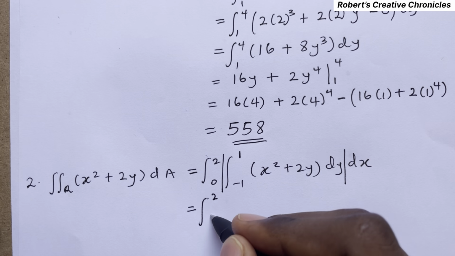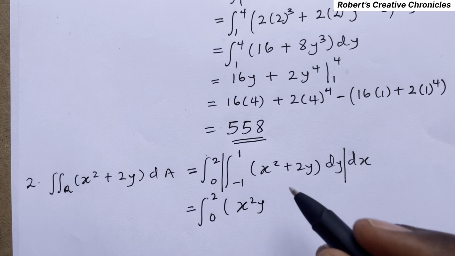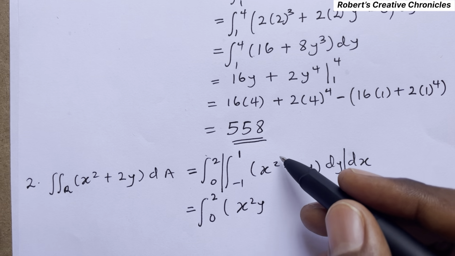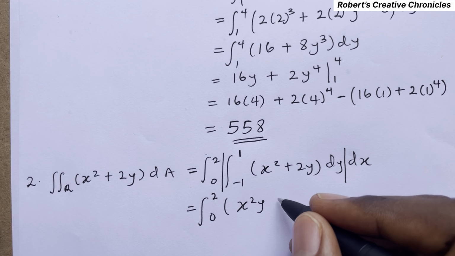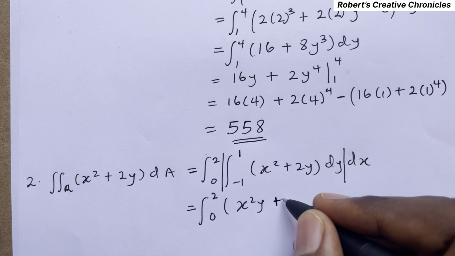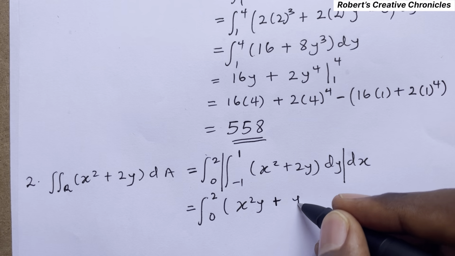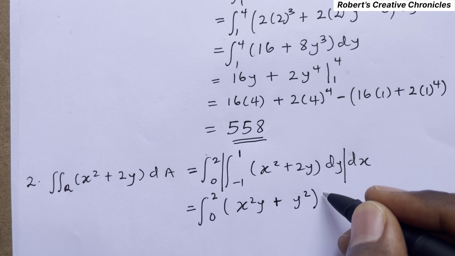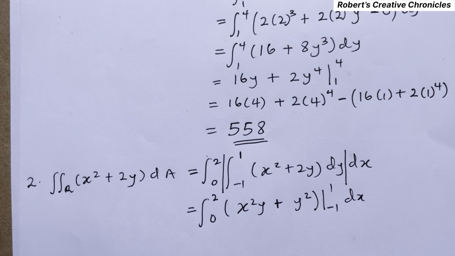So this becomes x squared y, because this is just like a constant, so we factor it out. Then the integral of the y is y, plus 2y squared, this becomes 2y squared over 2, which is y squared. Then this negative 1, 1, then the x.